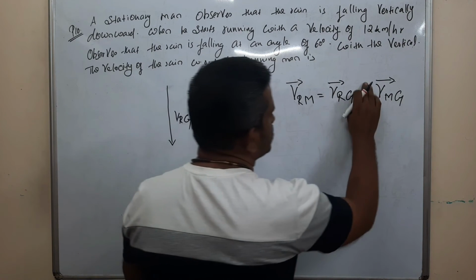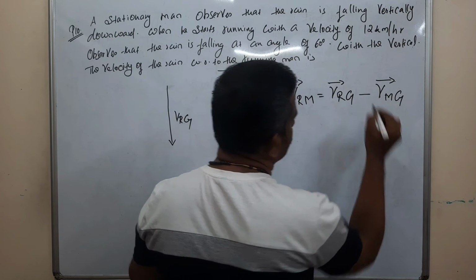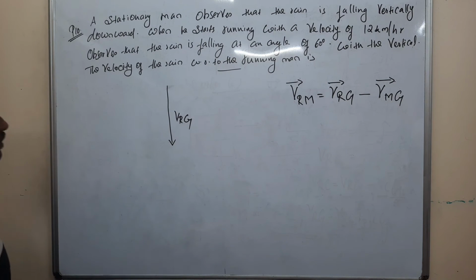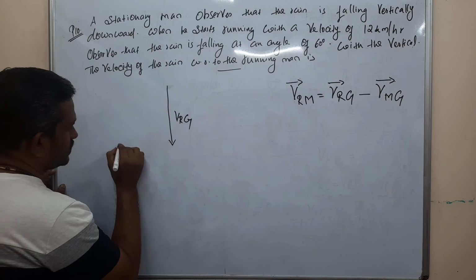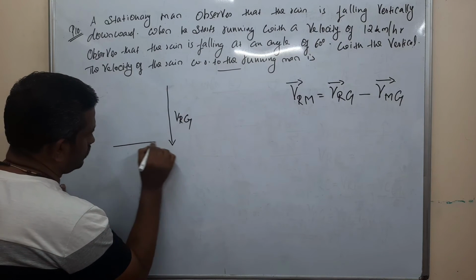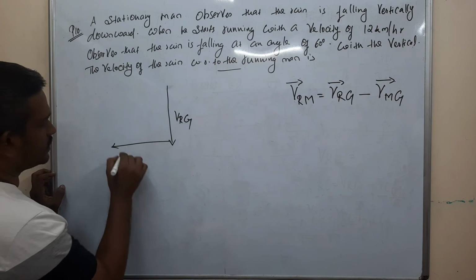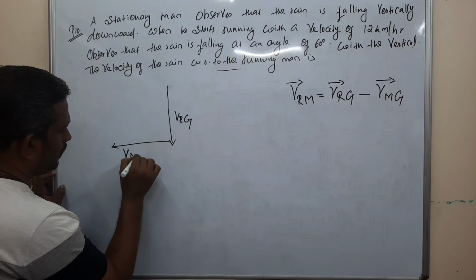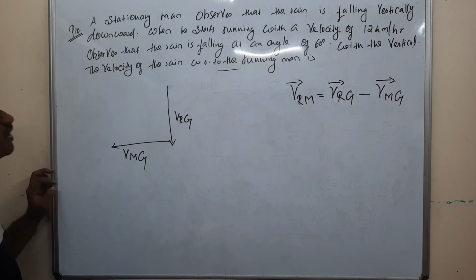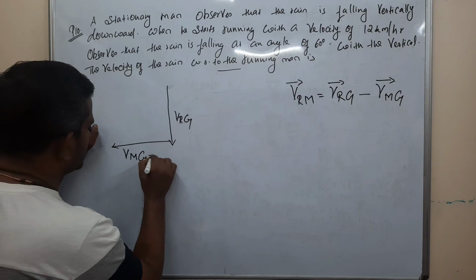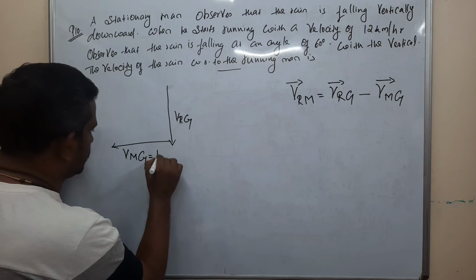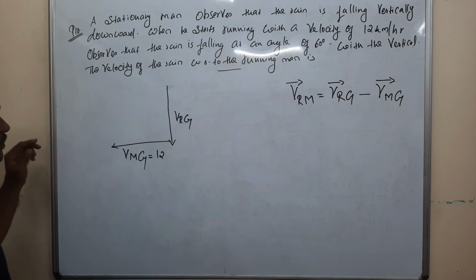Here it is minus the velocity of the man with respect to the ground. Minus means in this direction. He is running, and this value is given, that is 12 km per hour.